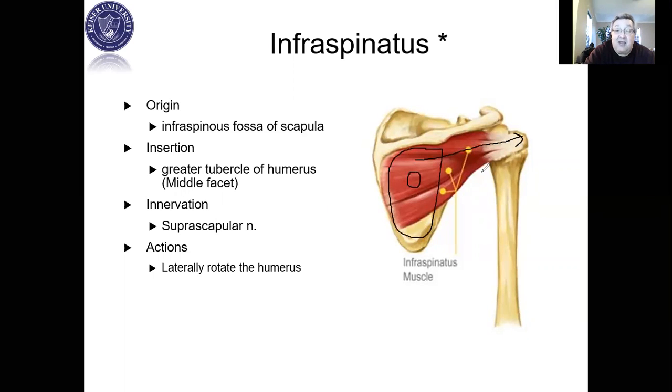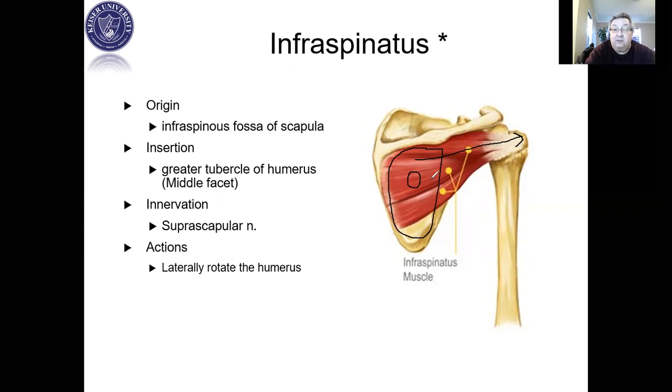This has the same innervation as supraspinatus. So supraspinatus and infraspinatus have the same innervation, both the suprascapular nerve. This muscle, its action is to laterally or externally rotate the humerus.